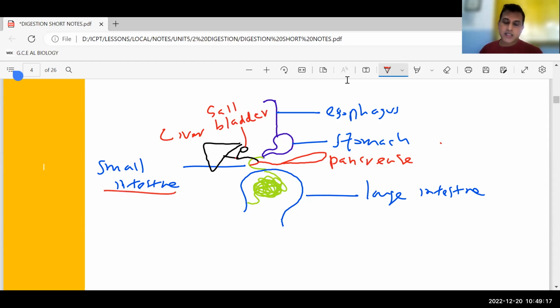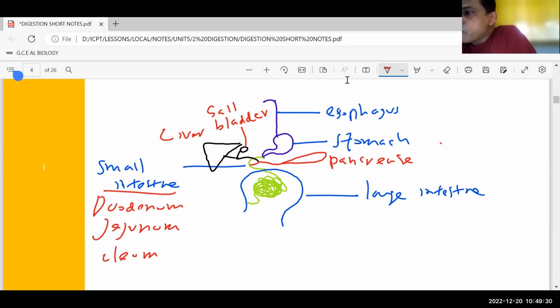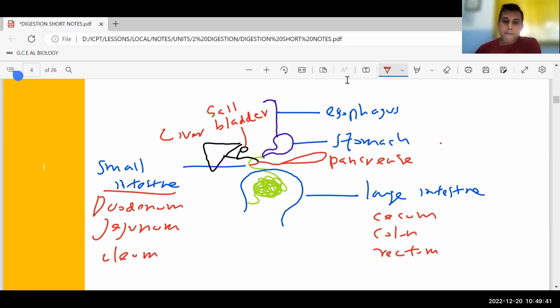And the small intestine, again we can divide into duodenum, jejunum, and ileum. This one, cecum, colon, rectum.